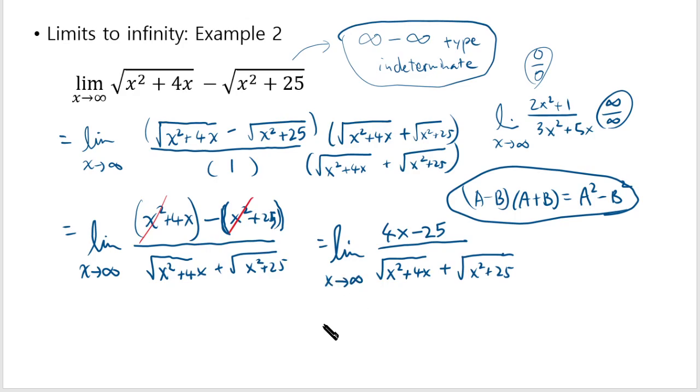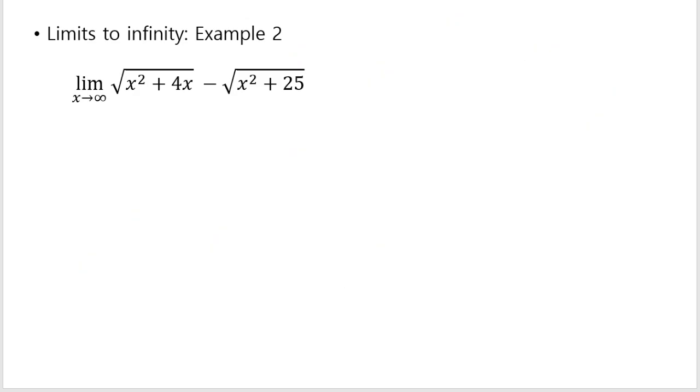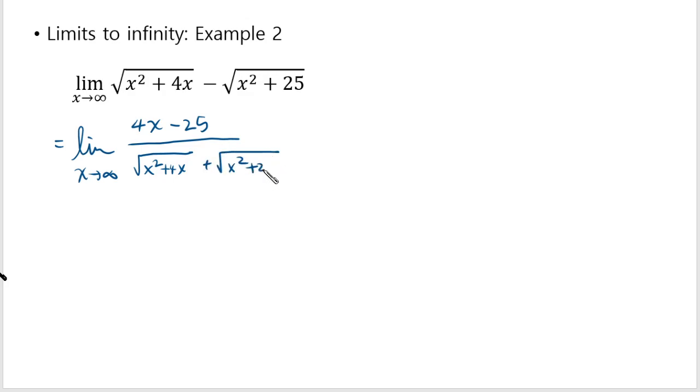Now, I think I'll need more room. This is rather complicated, so I'm going to rewrite this again. So we have simplified this into the limit as x goes to infinity of 4x minus 25 divided by square root of x squared plus 4x plus square root of x squared plus 25.